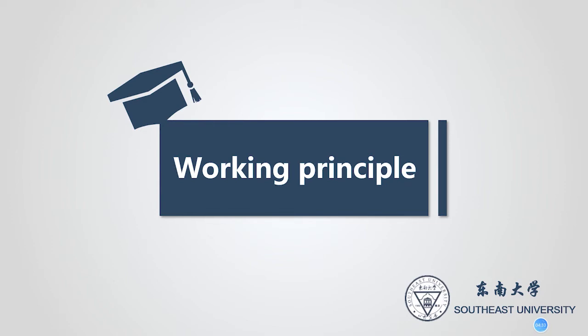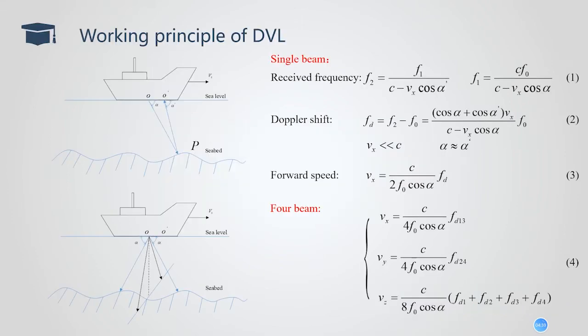In the third part, the working principle will be presented in brief. A single beam DVL calculates the Doppler shift by the difference between the transmitted and received frequencies. As for a 4-beam DVL, 2 pairs of transducers are installed at the bottom of the vehicle, and the beams are emitted in 4 directions.